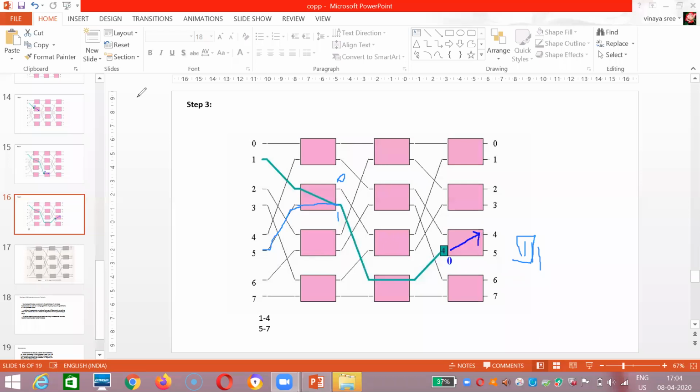You try to trace out whether there is any path contention problem. One example I have given is processor 1 wanting to access memory module 4 and processor 5 wanting to access memory module 7; there is a path contention problem. Okay, I got it. Is there a path contention problem for processor 2 to memory module 5 and processor 6 to memory module 6?